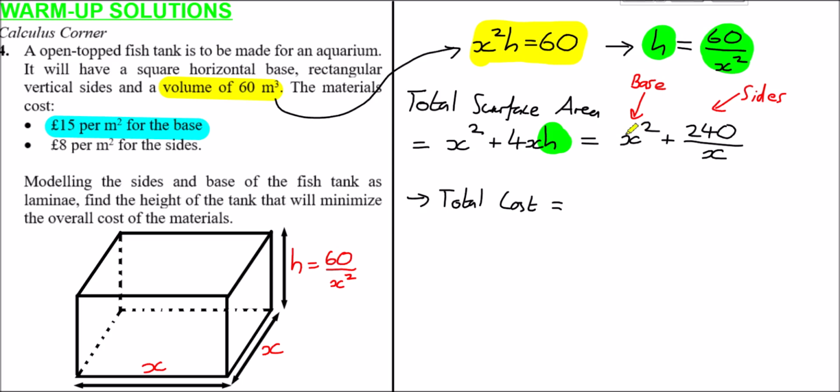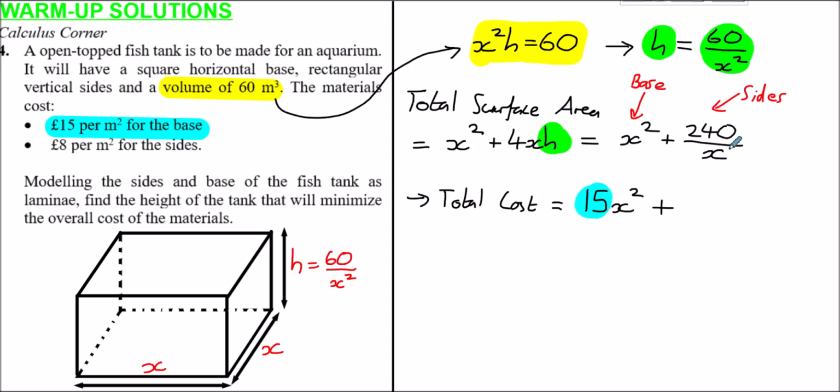The area of the base is this, that's how many square metres the base is going to be. So the cost for the base is going to be 15 lots of the area of the base, 15x squared, plus the sides cost £8.